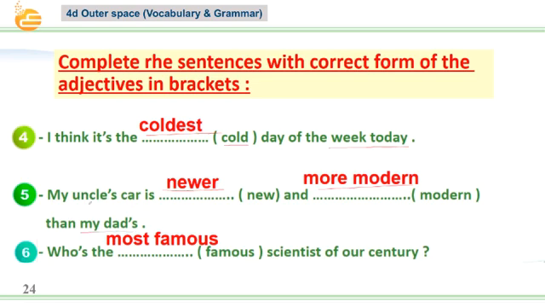So we compare between two, but we have a short adjective and a long adjective here. Who's the most famous? Okay, famous, more than one syllable, long adjective, scientist of our century, all the century. That's why we use the superlative adjective.